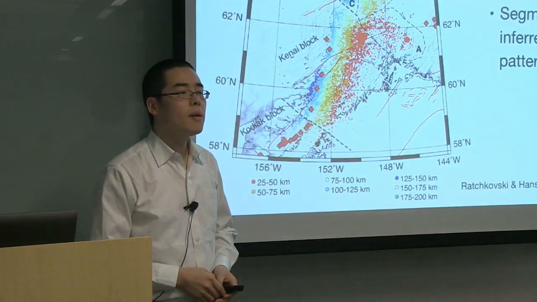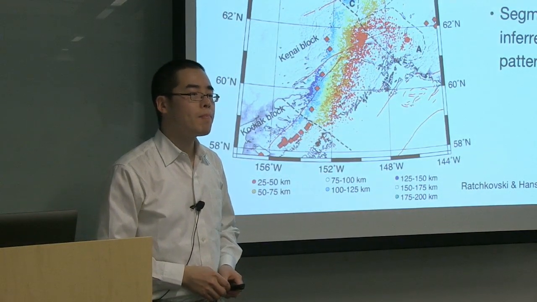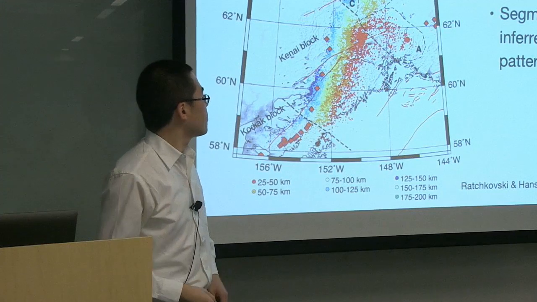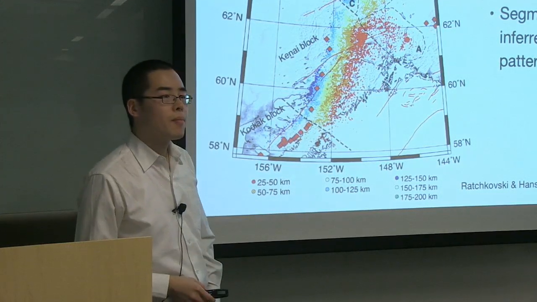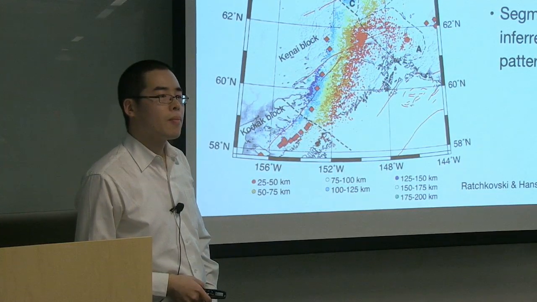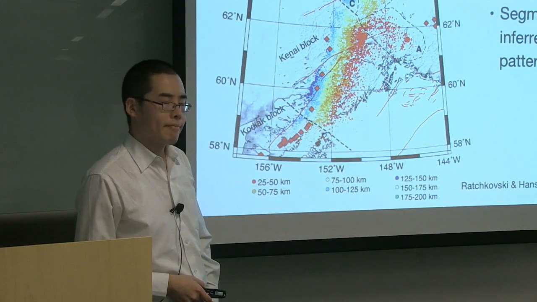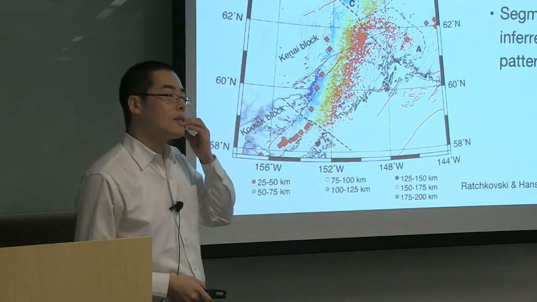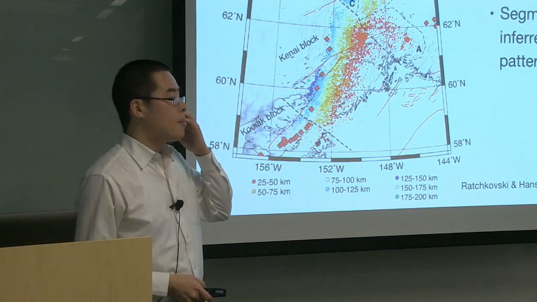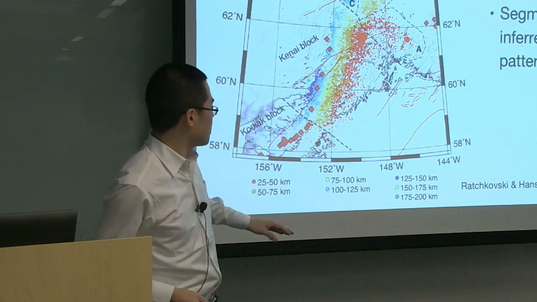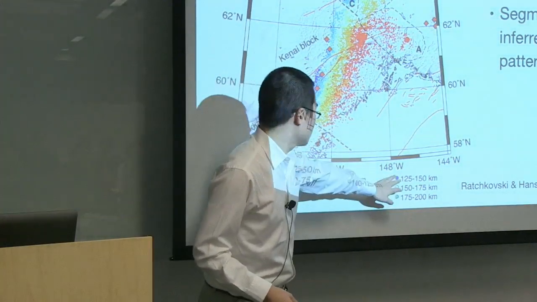But the question is that in the intermediate depth earthquakes, a lot of the earthquakes are not on the interface. They are intra-plate earthquakes. Yes, that's very true. Let's see how deep this one goes, before 120.